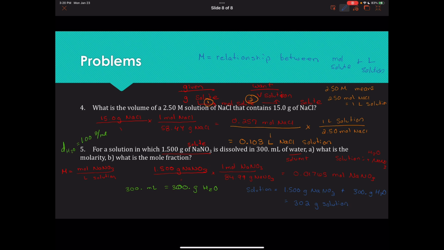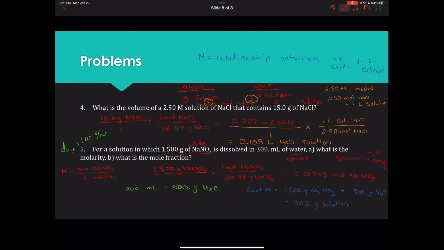Now we're doing addition and subtraction here. So again, we've got to remember our significant figures. When we're doing addition and subtraction, we're looking at our decimal places. So I have 3 decimal places versus 0. We go with the least amount, so I've got to round my answer to 0 decimal places.